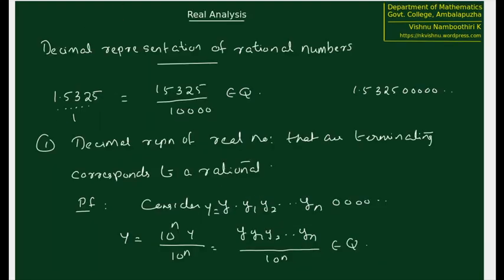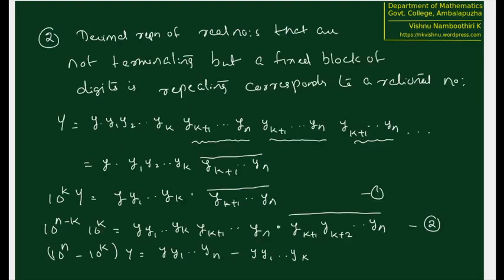So we have now seen two forms in which rational numbers are represented in decimal form: one is the terminating form and the other is the non-terminating form in which a block of digits is repeating. Our claim is that these are the only two ways in which a rational number can be represented in decimal form.